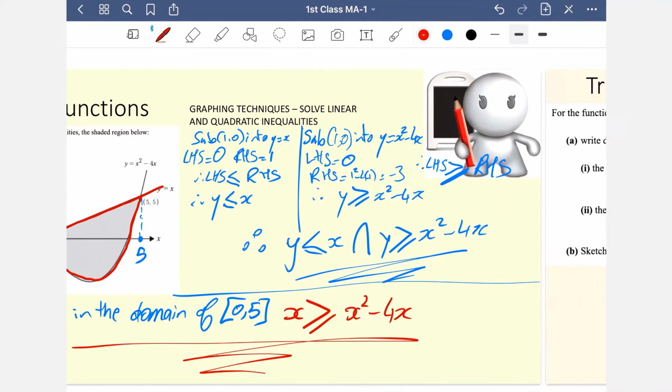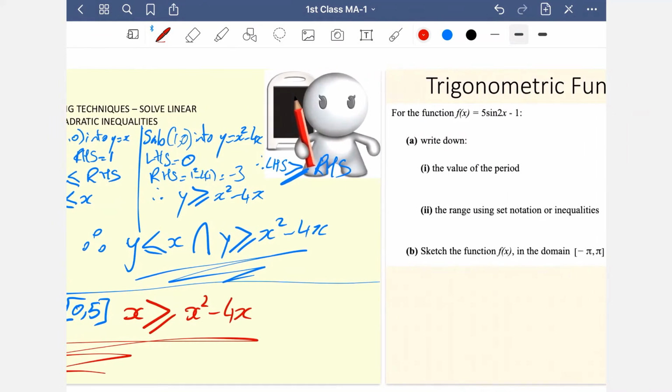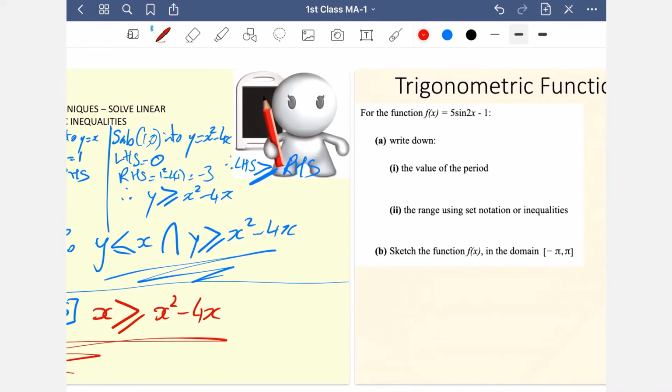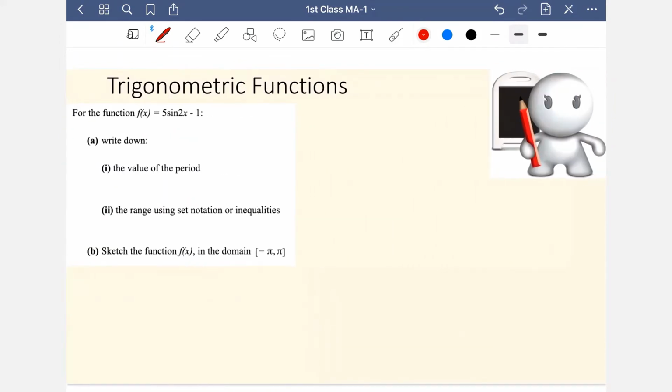Now, notice the theme change, the color change. So now we're moving from functions to trigonometric functions. Alright, so we've been given this function, y equals 5 sine of 2x minus 1. And so we've got a sine function, and then what we have is write down the value of the period.